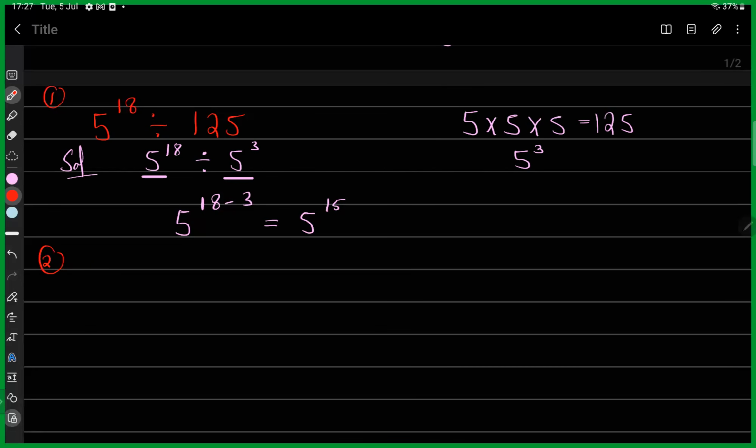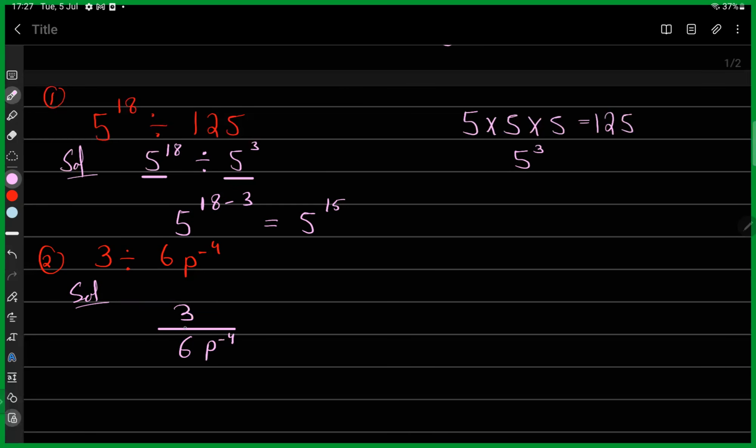The second question says we have to again simplify 3 divided by 6 multiplied by p power minus 4. Now this is the question and we need to simplify. This is what the examiner wants. So I'll write it down this way. This can be written as 3 divided by 6 multiplied by p power minus 4.